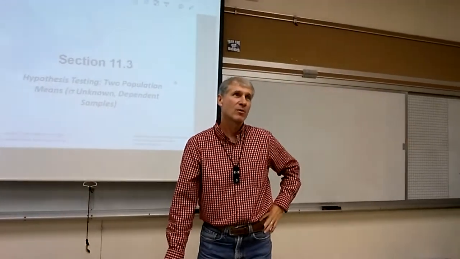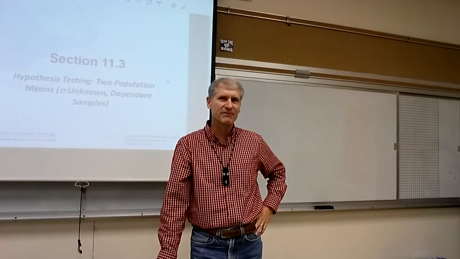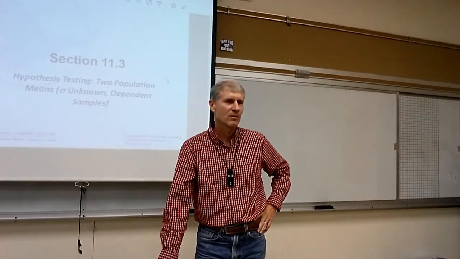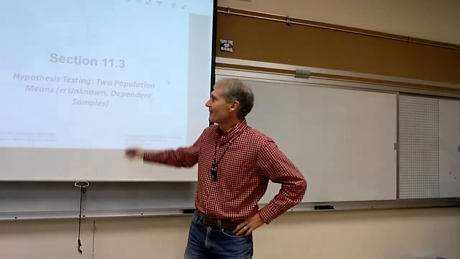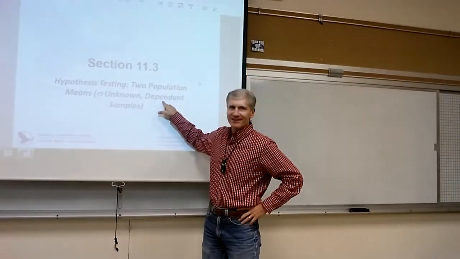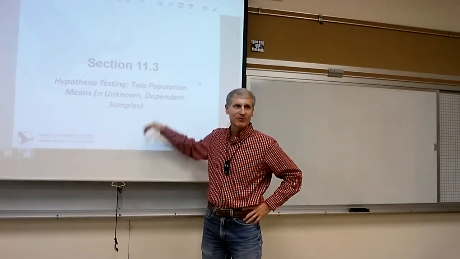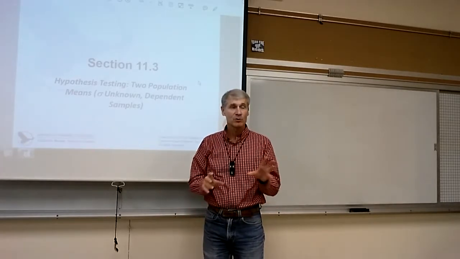We've had this situation before when we did confidence intervals. Do you remember what the main difference is? What do you do different for dependent samples than you do for independent samples? In other words, what's important?